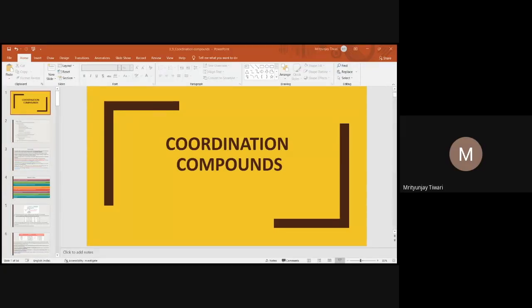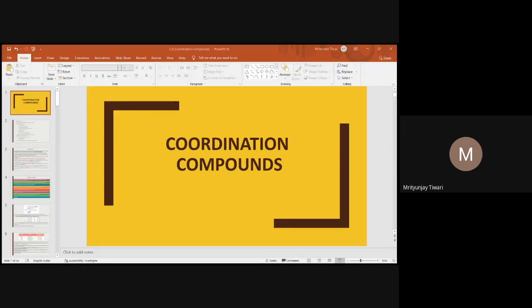Based on that, the coordination entity can be of three types. First, the cationic complex entity or cationic coordination entity. The example you can see here is [Pt(NH3)4], and this entire coordination entity has 2+ charge on it. So this is called a cationic coordination entity.